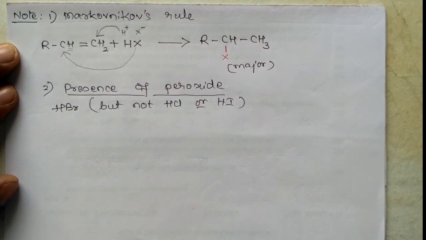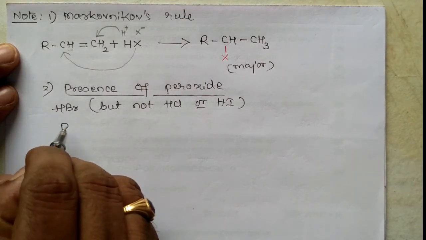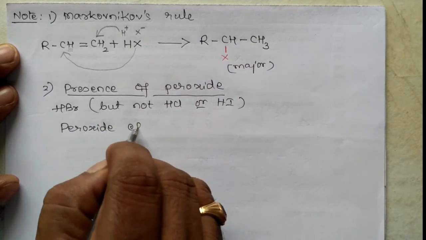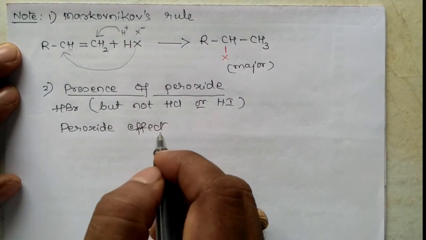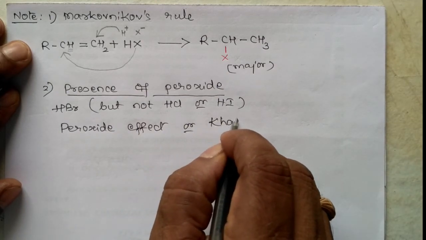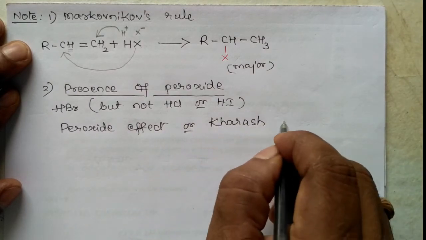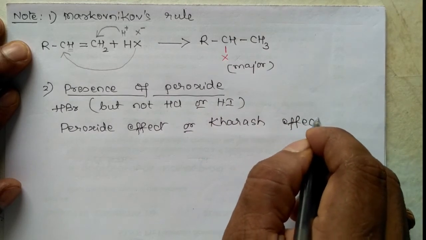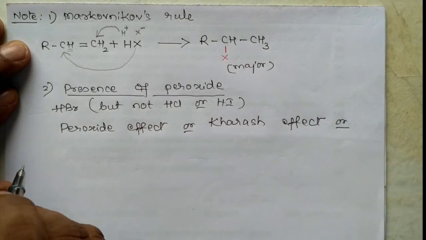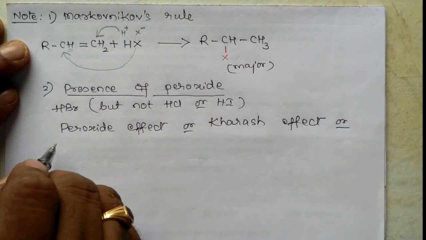That means the addition takes place against Markovnikov's rule. This is also known as peroxide effect or Kharasch effect or anti-Markovnikov rule.